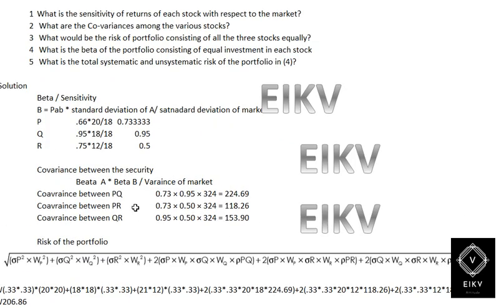Covariance between P and R would be 0.73 into 0.5 into 324, which gives you 118.26, and covariance between Q and R would be 0.95 multiplied by 0.5 into 324, which gives you 153.9.